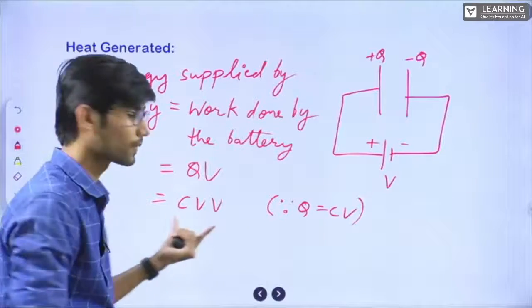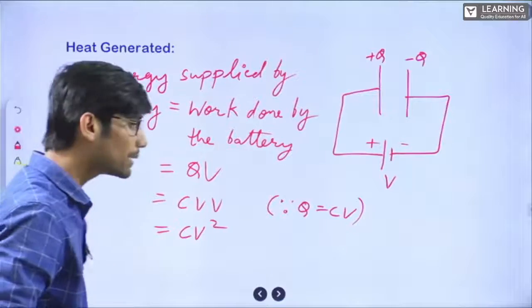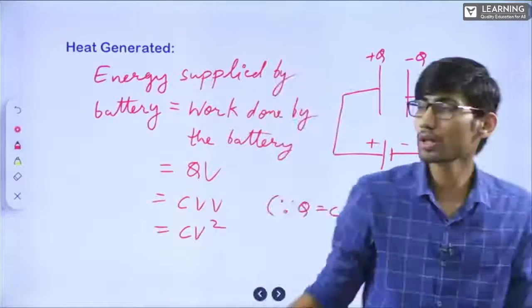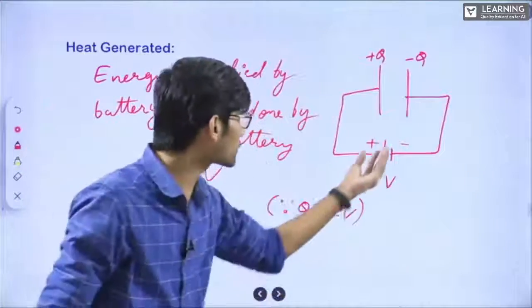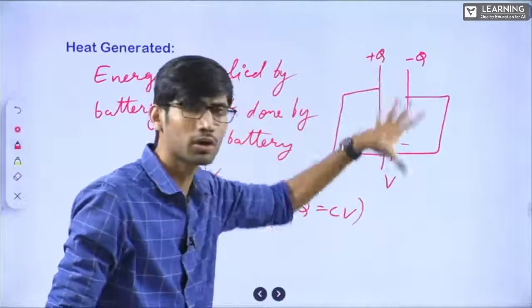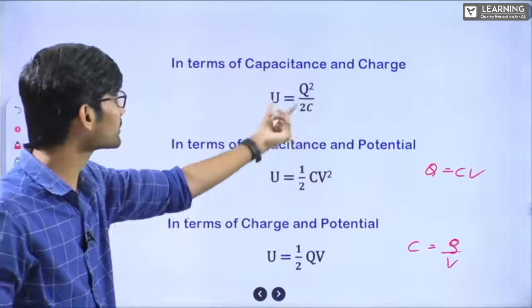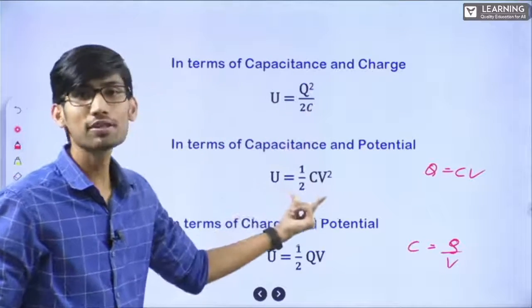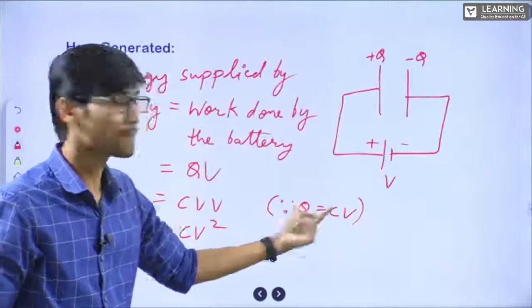What is this? CV square. That means energy supplied by battery is CV square. So the energy stored in this capacitor should be CV square? The energy is coming out from here, going here. But the energy in this capacitor, just now we found out how much it is. In terms of capacitance and potential, it is half CV square.